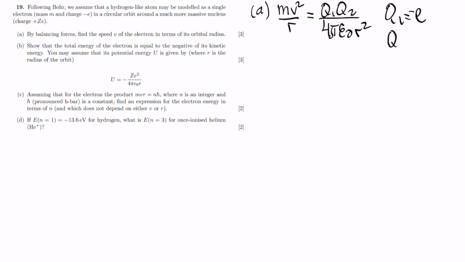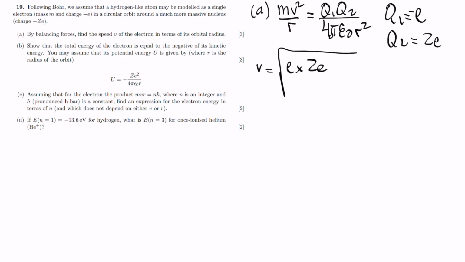Our Q2, we're just going to be taking the magnitude of that, will just be given by the proton number multiplied by the number of electrons. Okay, so we can just rearrange for the speed. And we can say that v will be the square root of e multiplied by Ze. Once again, we're just taking the magnitudes out.